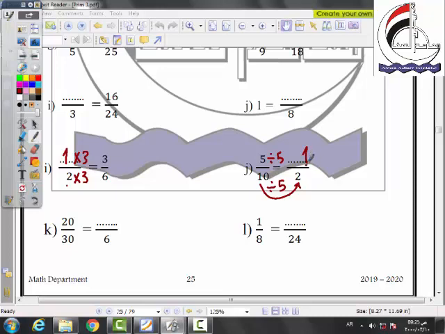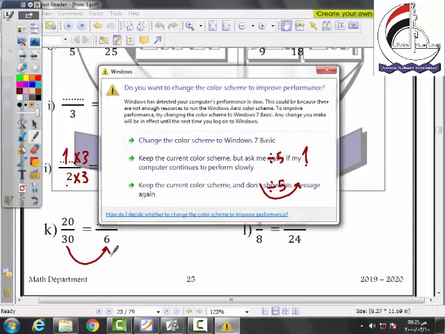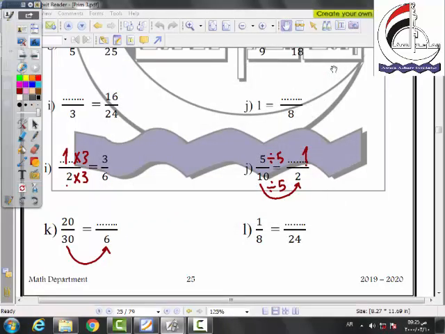Excellent. 20 over 30 equals blank over 6. 30 became 6. Do we multiply or divide? Divide, because the number decreased.